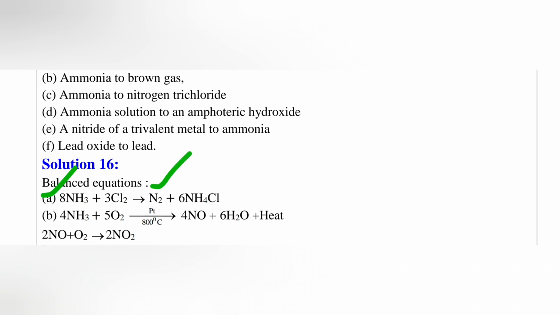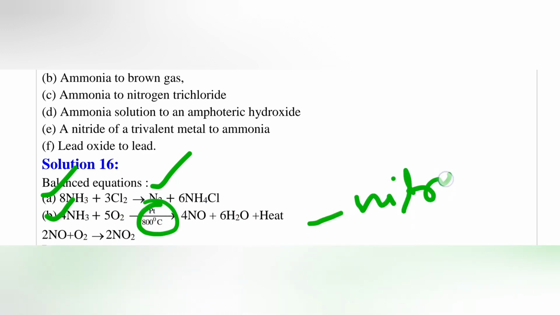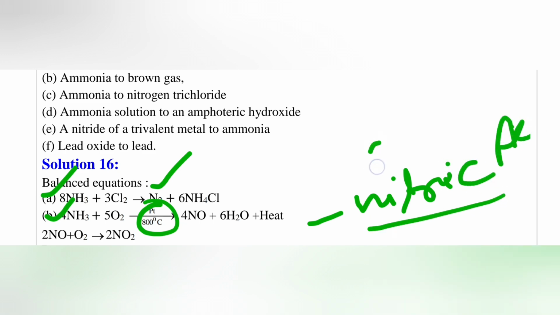If ammonia reacts with oxygen in the presence of a platinum catalyst, this is the preparation of nitric acid by the Ostwald process. This is the first step of that equation, and it is very important.